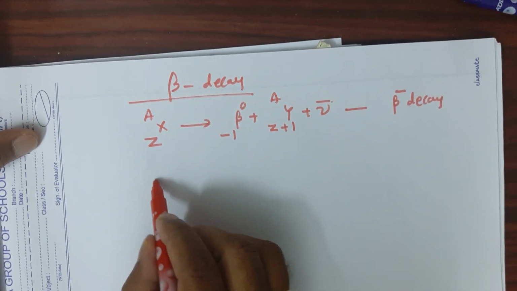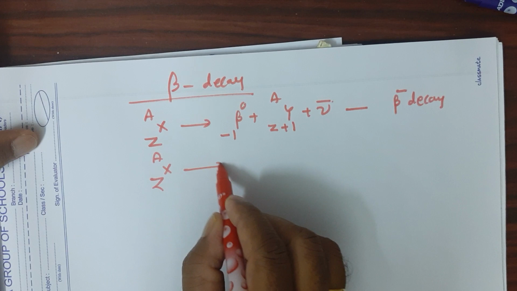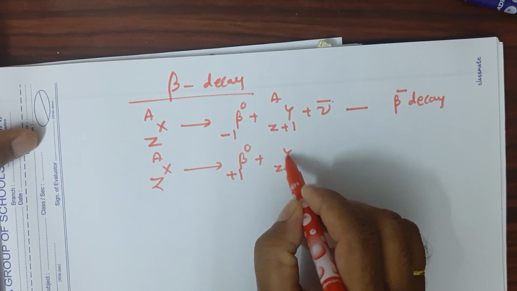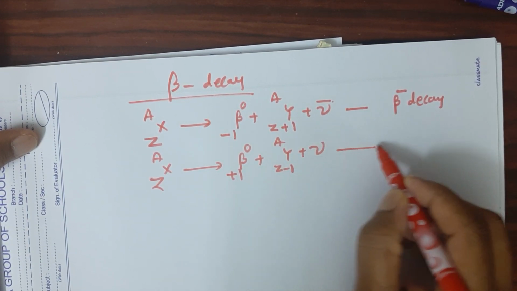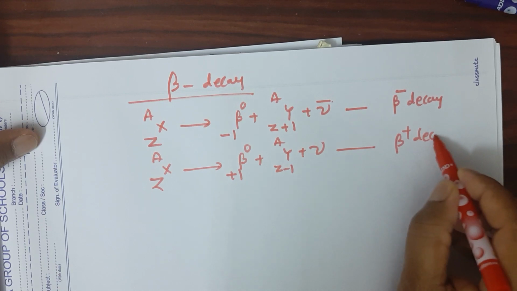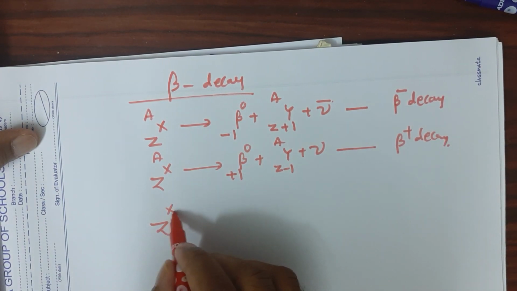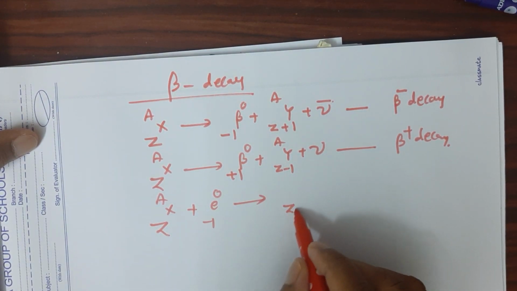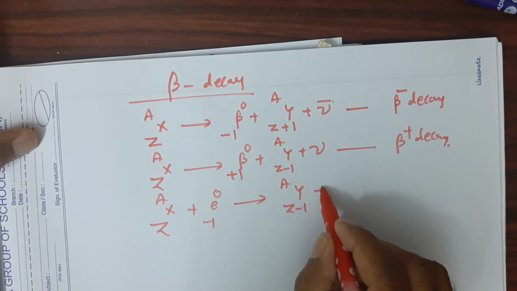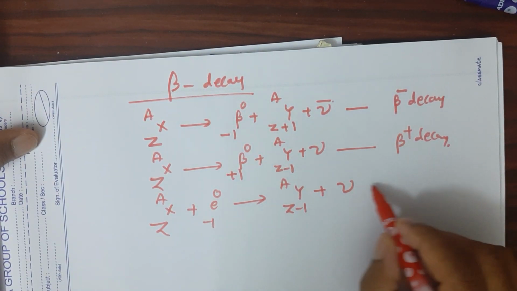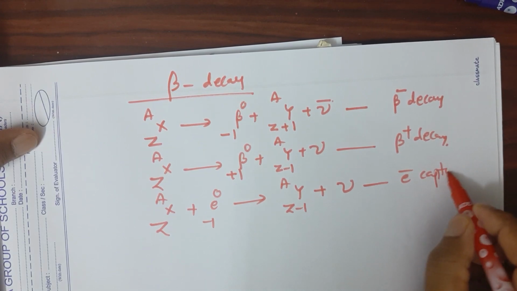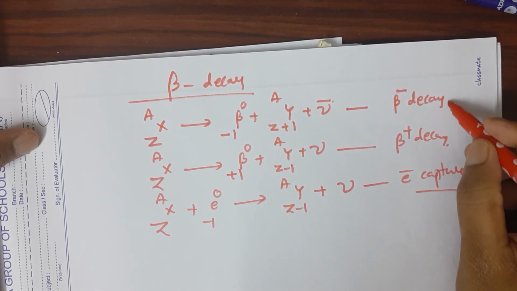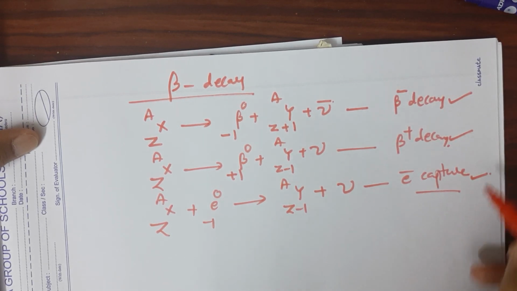Or Z X A gives rise to +1 beta 0 plus Z-1 Y A plus neutrino. This is called beta plus decay. Or Z X A plus electron gives rise to Z-1 Y A plus neutrino. This is called electron capture. So beta decay processes are of three types: beta minus decay, beta plus decay, and electron capture.